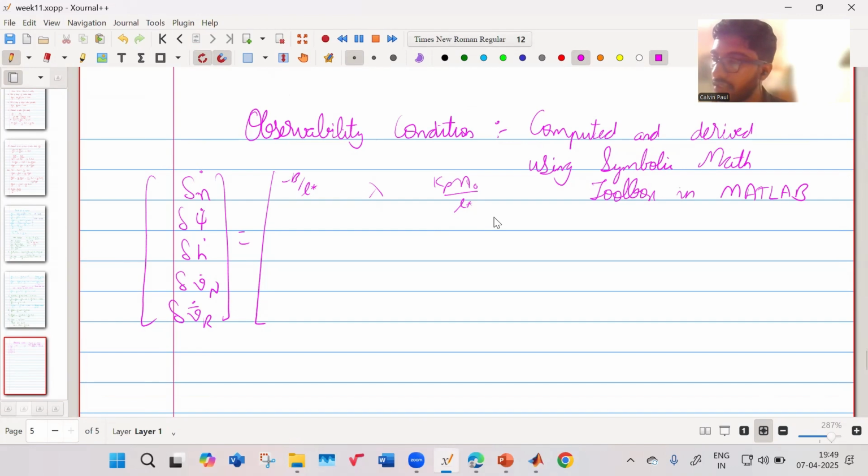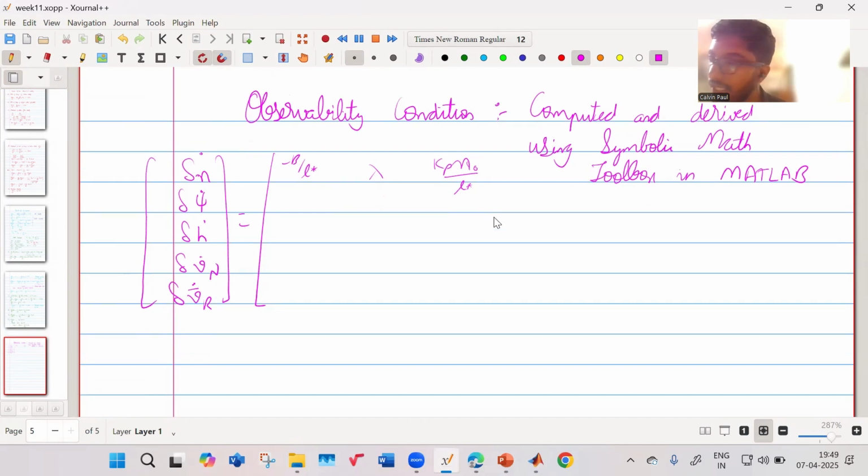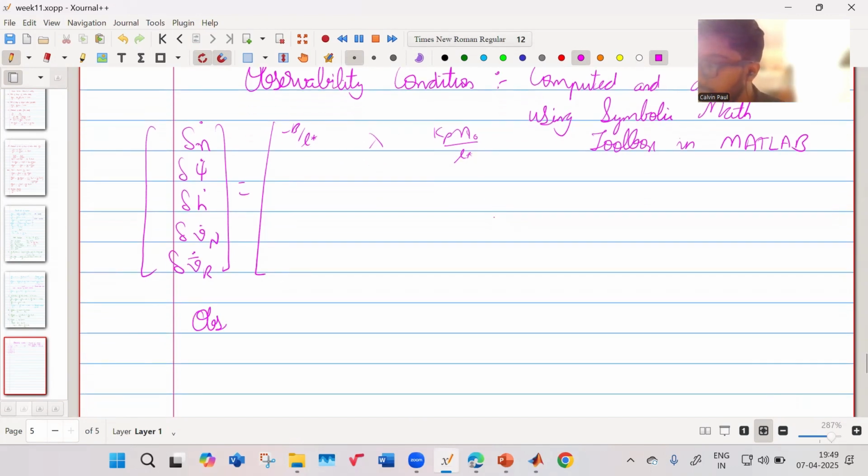So the observability condition was shown, and observability depends on both the measurements.